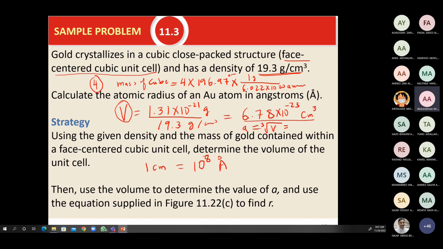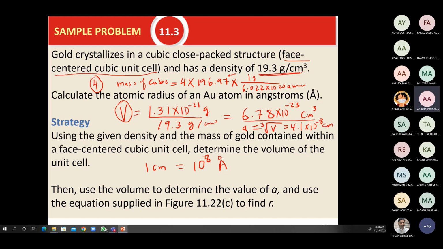Give me the answer in centimeter: 6.78 times 10 to the power minus 23, then take the cubic root. 4.1 times 10 to the power minus 8 centimeter.